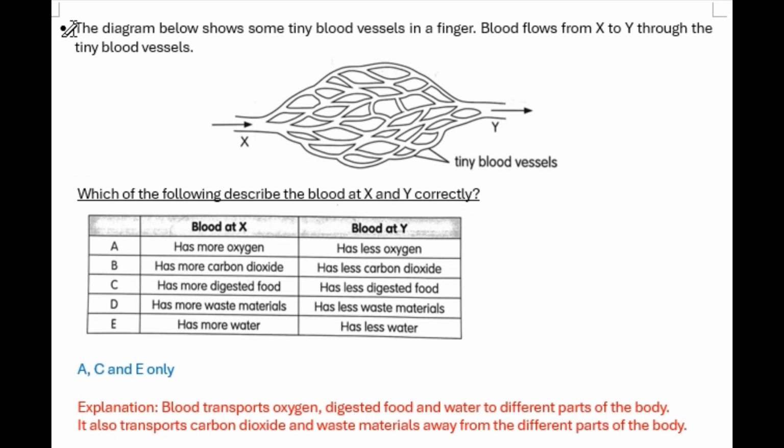The diagram below shows some tiny blood vessels in a finger. Blood flows from X to Y through the tiny blood vessels. Which of the following describe the blood at X and Y correctly?